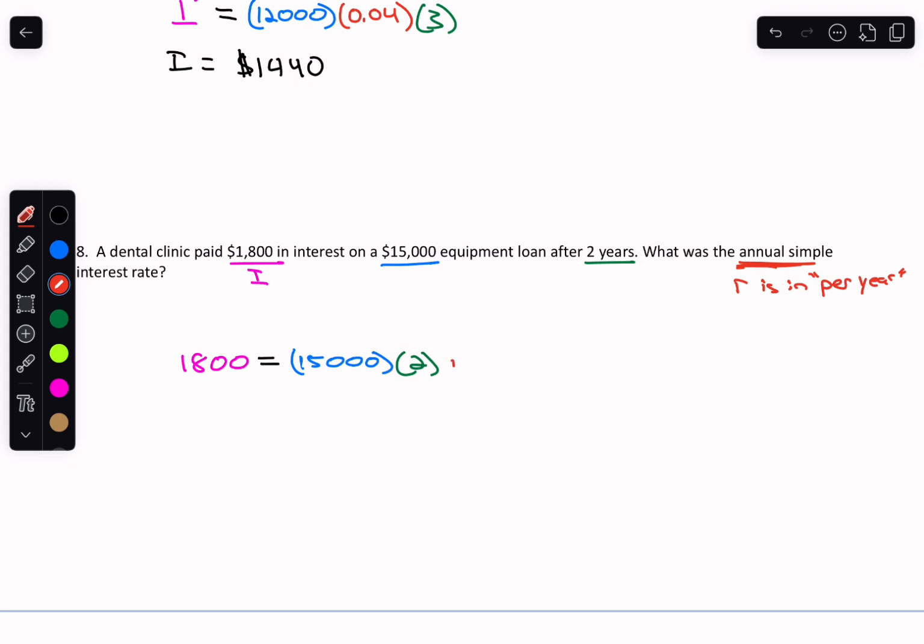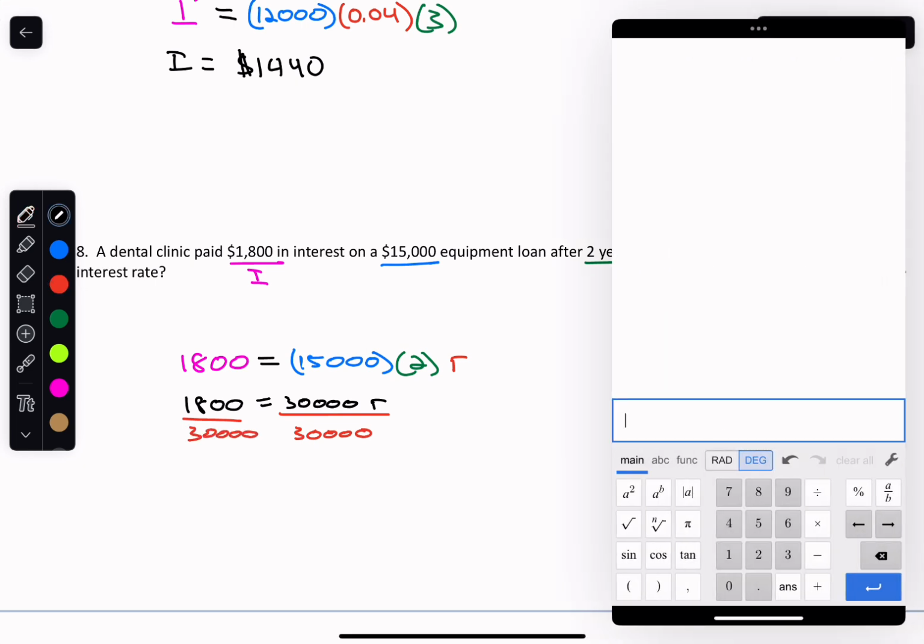So we can go ahead and just put R here, and we're going to have to remember to convert R to a percentage at the end. Let's solve for this R value. We have 1800 equals 15,000 times 2, which is 30,000, and then R. If we divide both sides of this equation by 30,000, we get our R value. 1800 divided by 30,000 gives me 0.06.